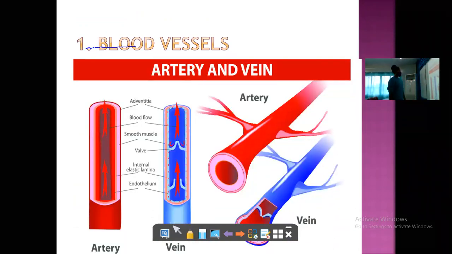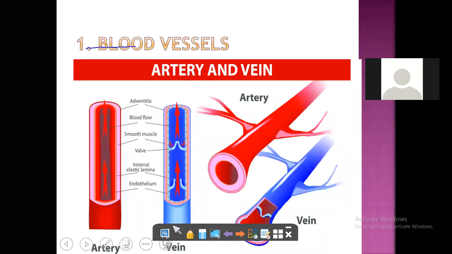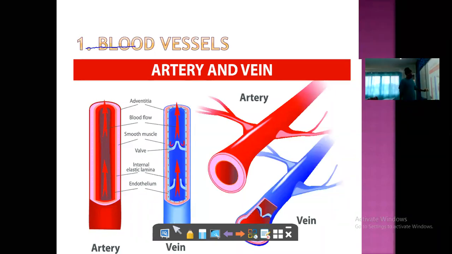Let's again look at this diagram here. I talked about the valve. If you look at the vein, it has these flap-like structures which prevent the backflow of blood, while the artery does not contain any valve. Why?